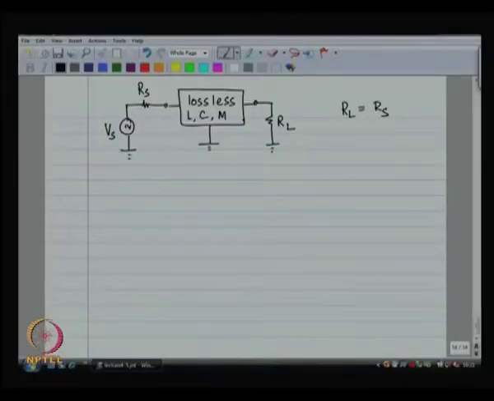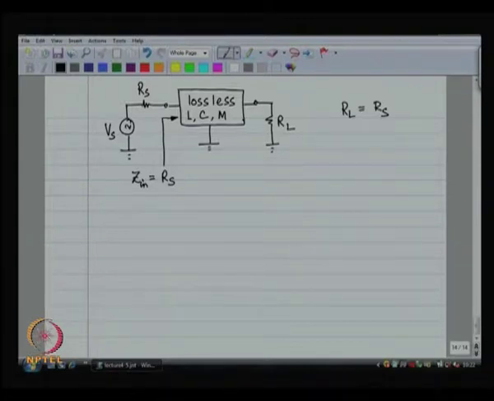So, suppose I make a lossless network and put it in between the source and the load like I have drawn, and suppose I make sure that the impedance looking into the lossless network at the point that I have shown is equal to R s. Suppose I can achieve this.